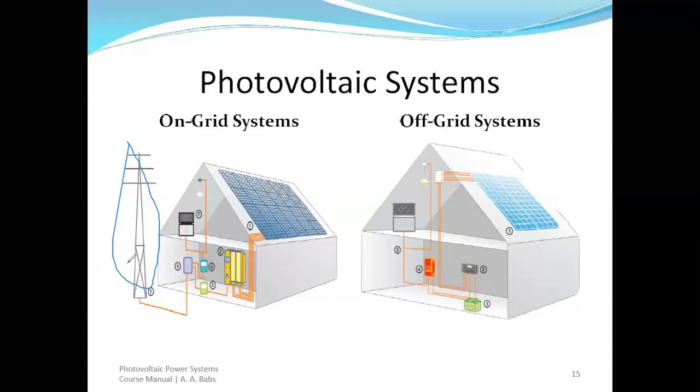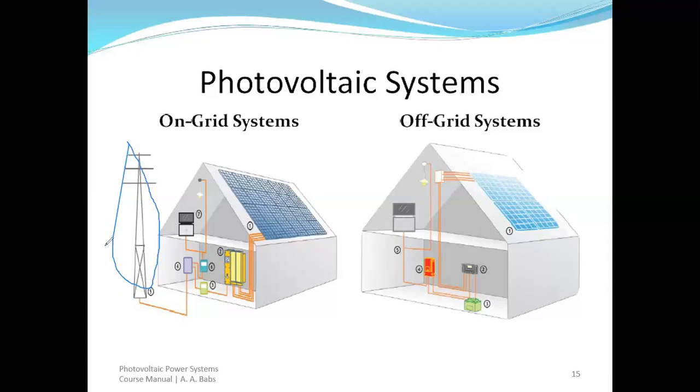In many cases, standalone systems incorporate batteries as a storage device, so that when there is no sun, the system can draw energy stored in the battery and continue to supply power to the demand placed on it by the users.